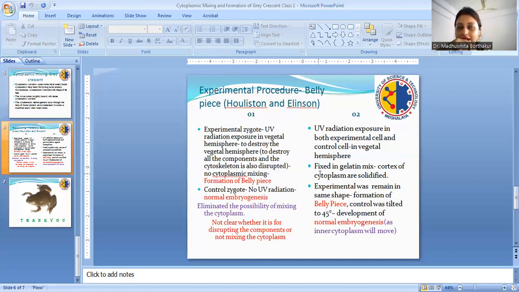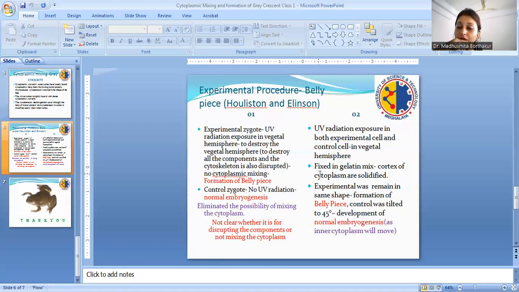Now, what they did, they kept one of the zygotes in the same 90-degree position in the gelatin mix, and the other they tilted to a 45-degree angle. And they noticed that normal embryogenesis took place in the one they tilted to 45 degrees.